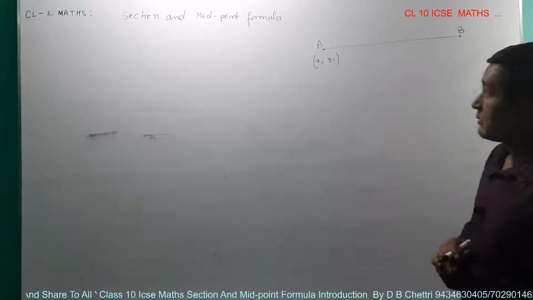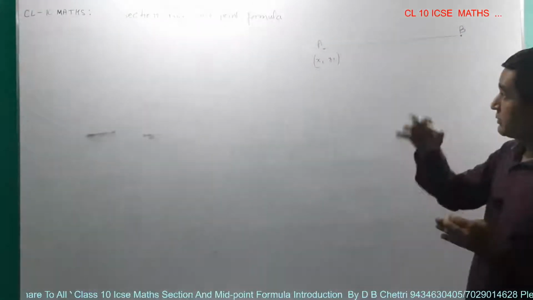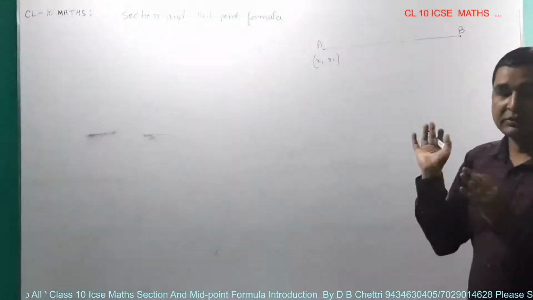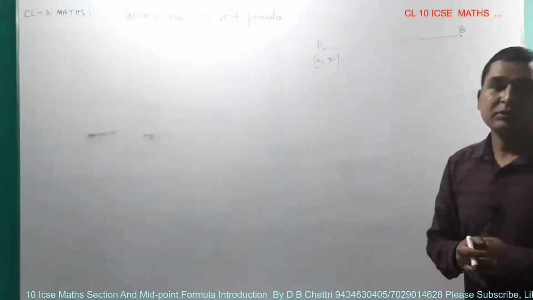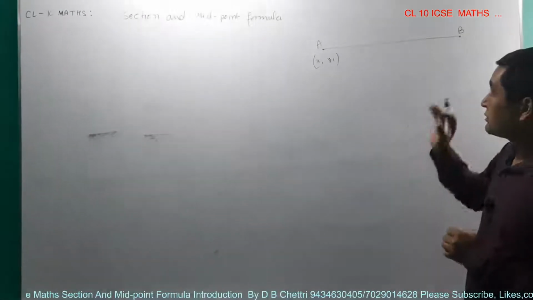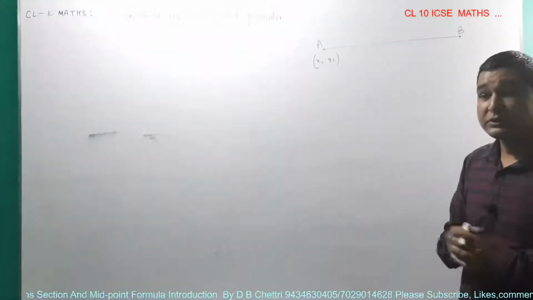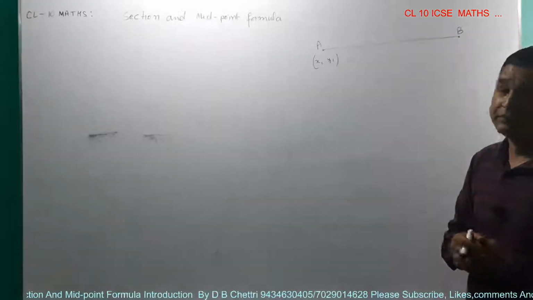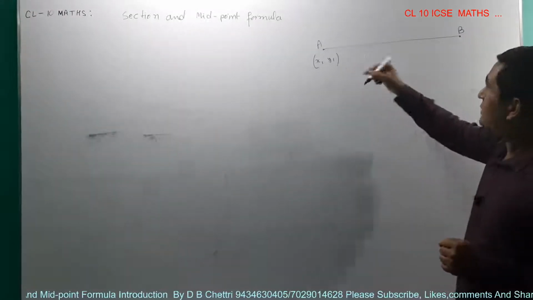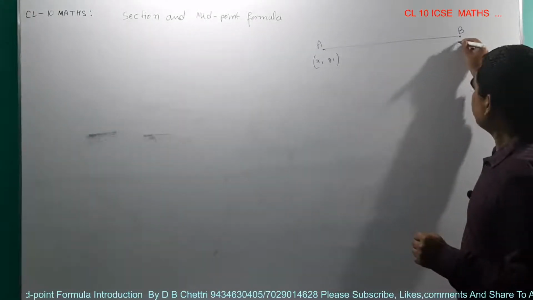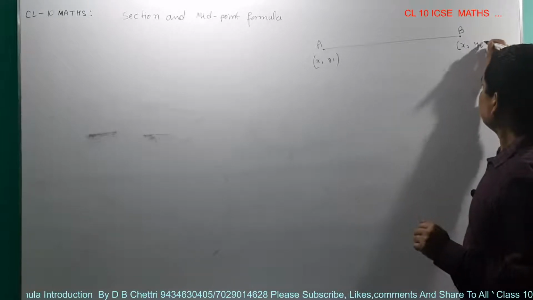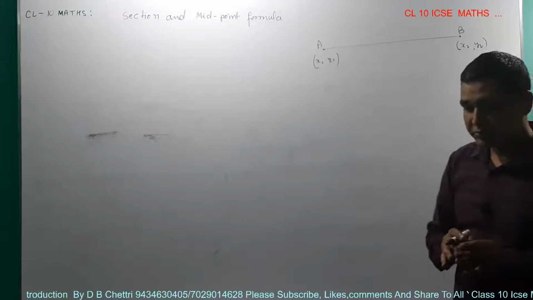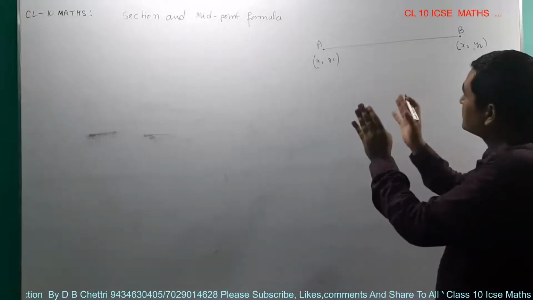While you're doing the sum, sketch the same type of figure, because if you solve all types of questions this way, it is very easy to solve. Then B can always be represented by coordinates x2 y2. Remember this one.